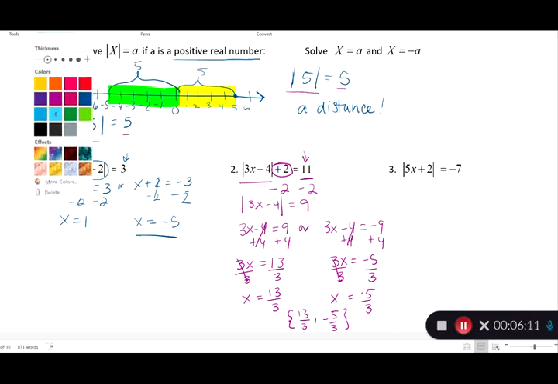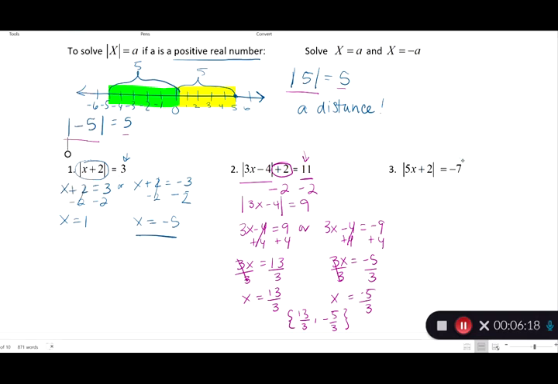Looking at the next one, first thing that we need to do is look at what it is equal to, right? And I've said it probably 7 times in this 6-minute video, that it cannot be equal to a negative number. Immediately when you see this, this should throw a red flag for you, and you should say, wait a second, I cannot have a negative distance.